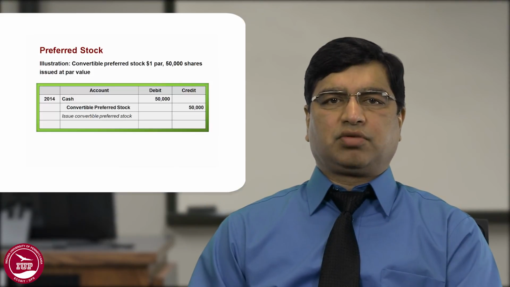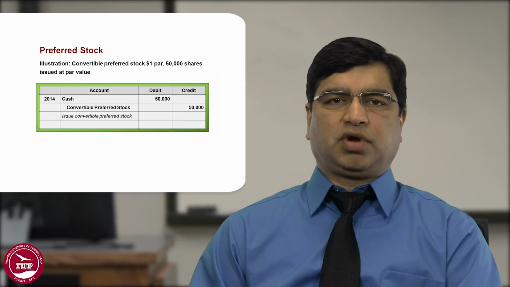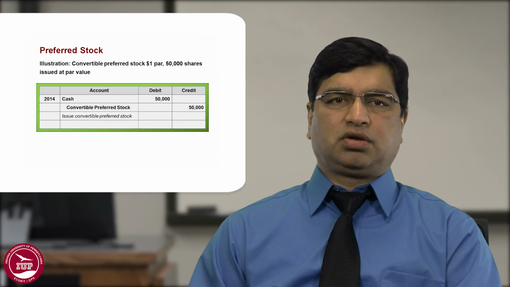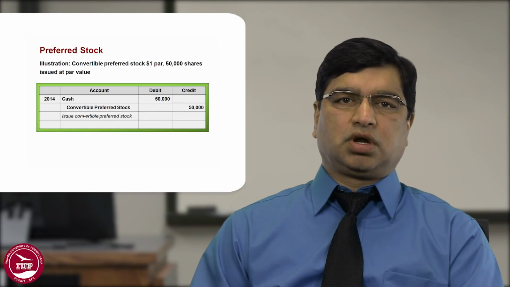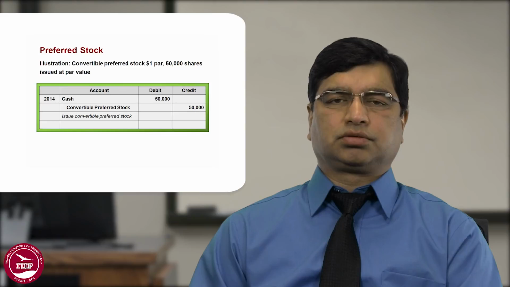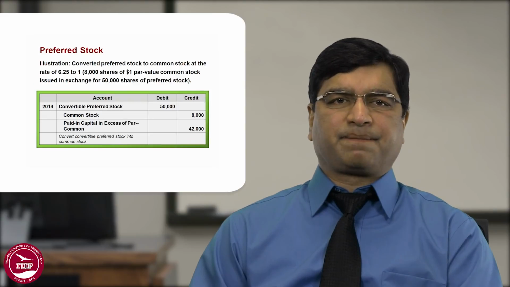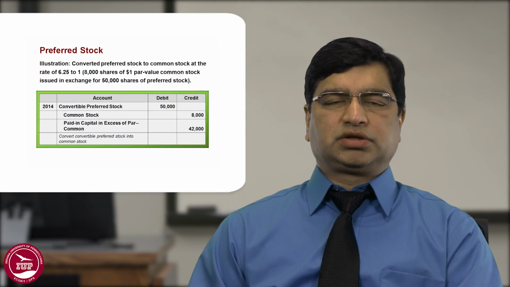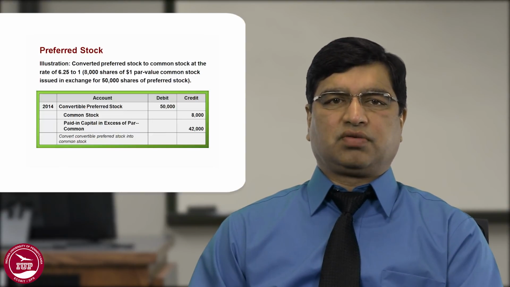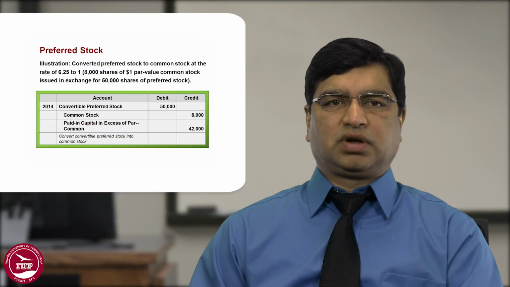So here is a convertible preferred stock of $1 par, 50,000 shares issued at par value. If you issue the preferred stock at par value, you've got cash debited and convertible preferred stock credited for $50,000. Now, here is the preferred stock which can be converted into common stock. The ratio of conversion is 6.25 to 1.